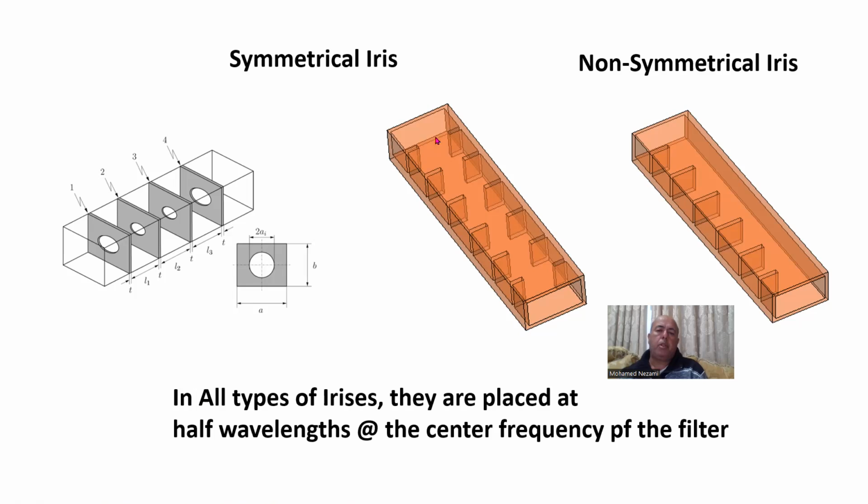Whereas this one here, you fabricate with CNCing from two pieces, symmetrical either in the middle or on the sideways, and you put these together. All these types of irises are placed at a half wavelength spacing between them at the center frequency of the filter.